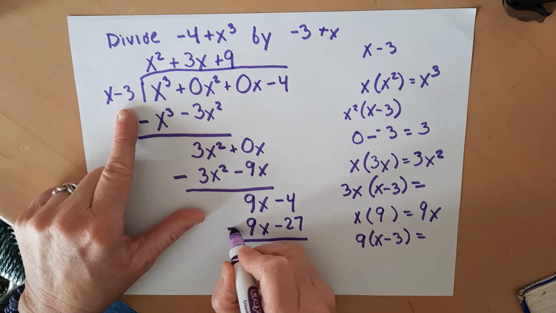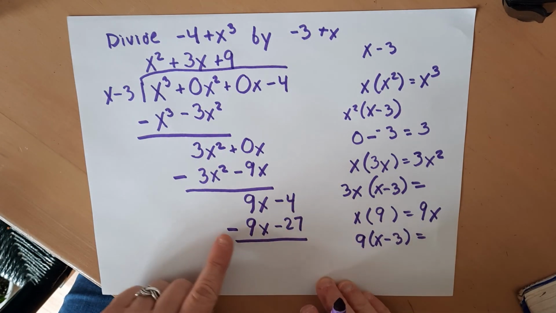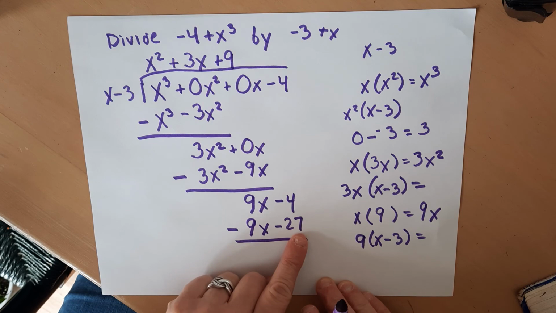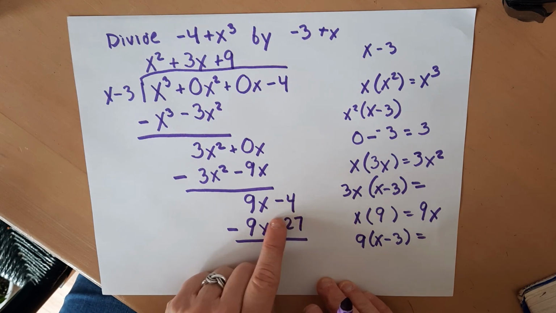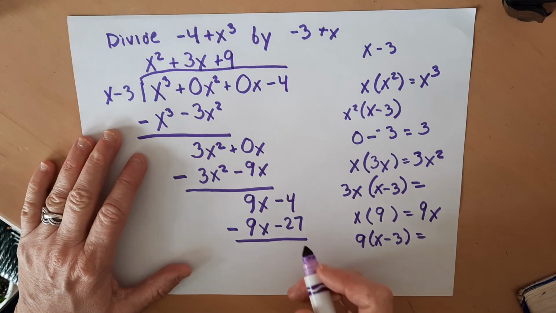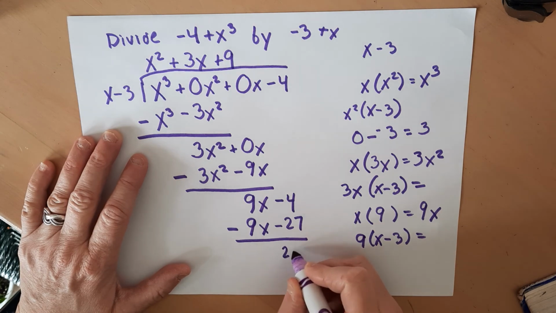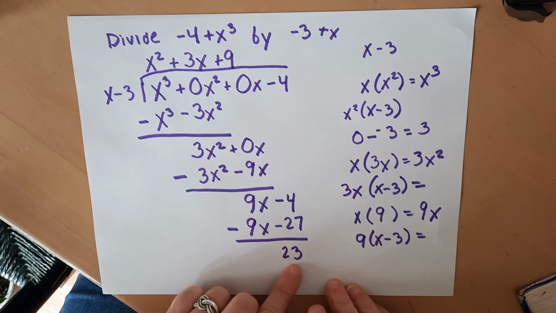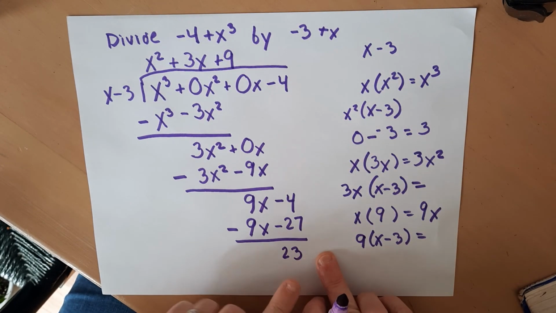Remember to put in that negative sign. And we have minus 4 minus a negative 27, which is the same as negative 4 plus 27, which gives us a 23.